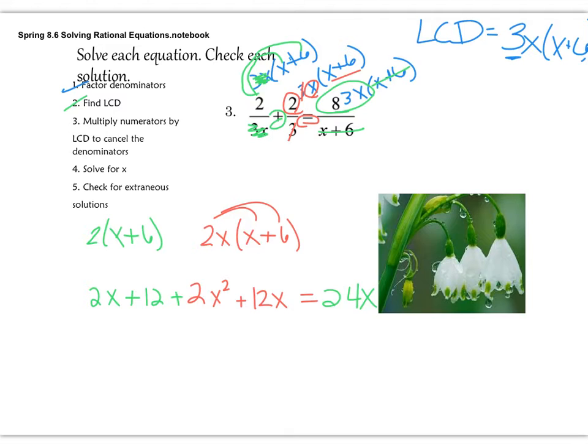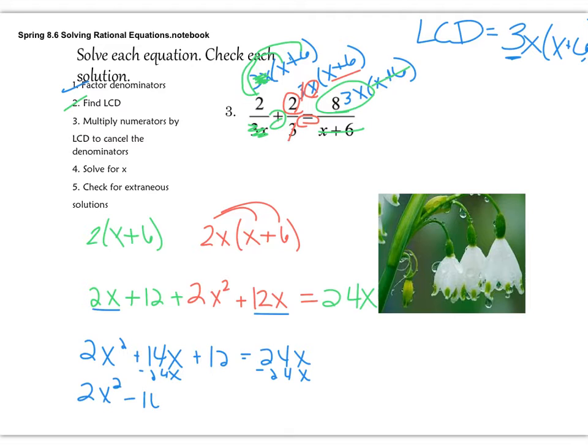All right, cleaning this up a little bit, what we got down here, let's see, we have a 2x squared. Then I have 2x plus 12x is 14x plus 12 equals 24x. To solve for x, I have an x squared, so I'm going to have to set it equal to 0. So 2x squared, if I subtract the 24x, it gives me negative 10x plus 12 equals 0.